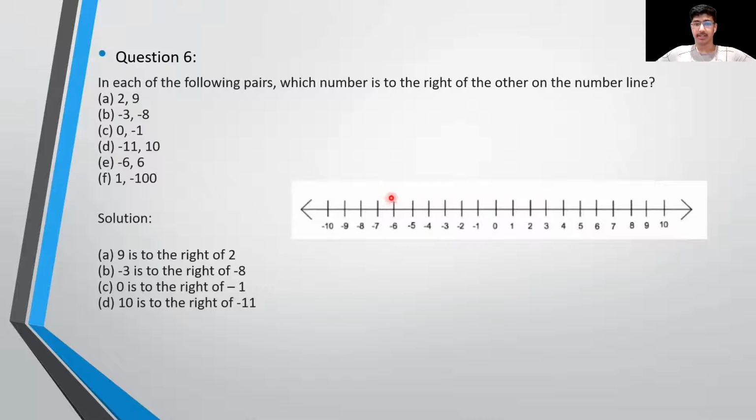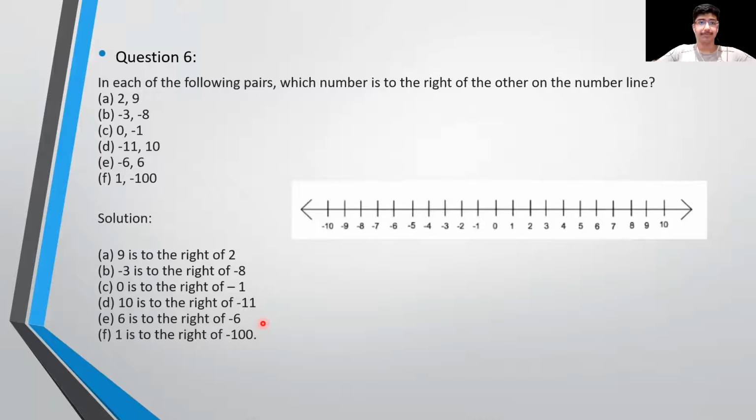So again, from -6's perspective, 6 is to the right of -6. So that's the correct answer. And the last one, 1 and -100. -100 is obviously going to be to the left on the number line, so let's assume it somewhere over here. From -100's perspective, 1 is to the right of -100. So that will be our answer.